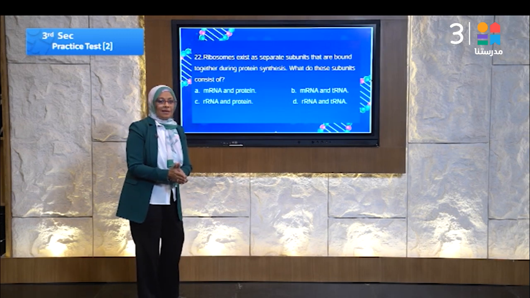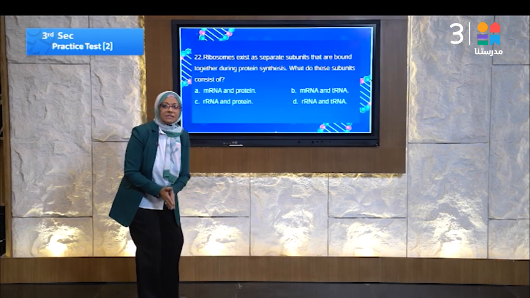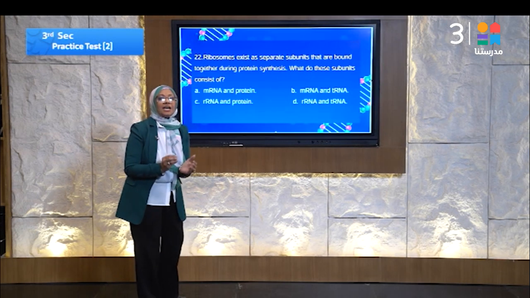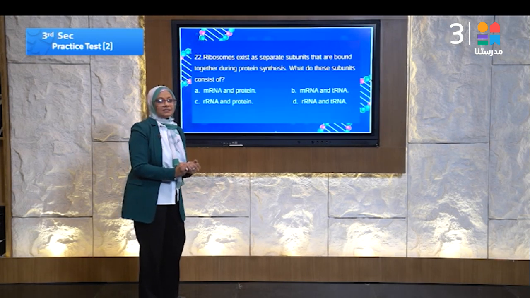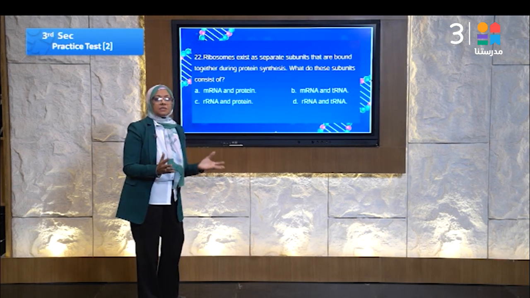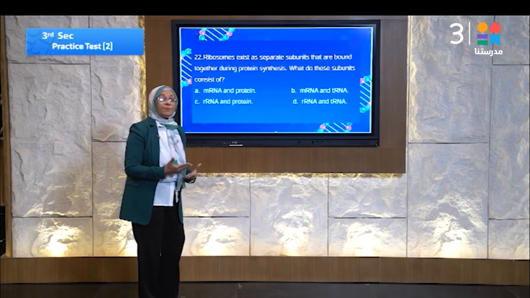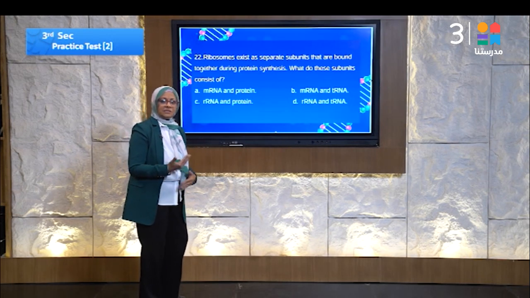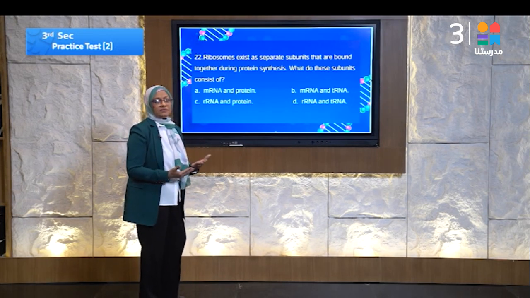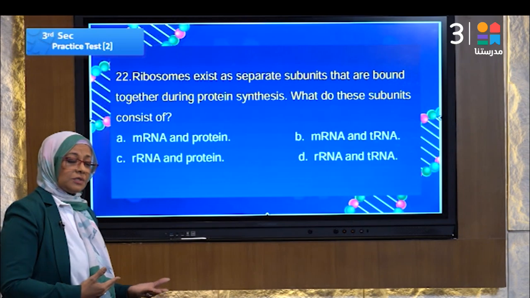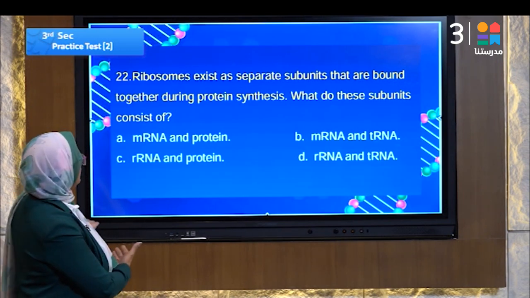Ribosomes help in protein synthesis. It is the site of protein synthesis found in many cells, especially cells that need a lot of protein, like cells which produce enzymes in the digestive system. Let's go to the question again.